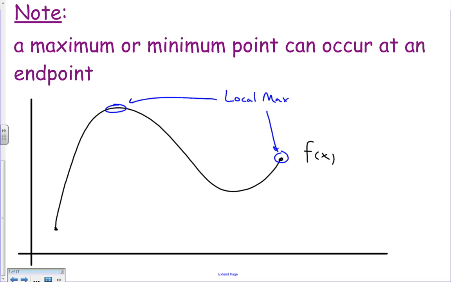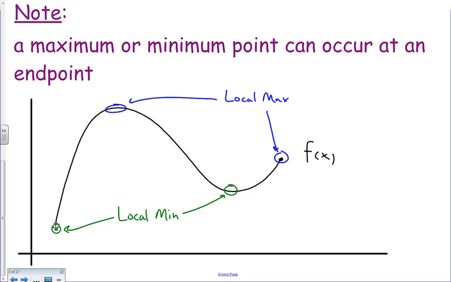So these are some local maximums. We also have some local minimums. I've got a local min right here, and a local min right here. Again, if you consider just a small region around those, that's the lowest point in each of those regions.